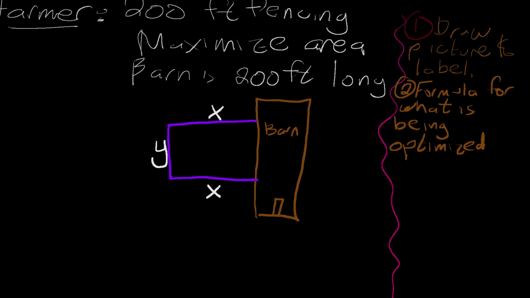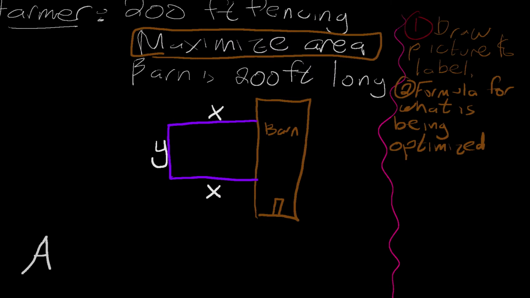Okay, so since we want to maximize the area, that's what we're trying to optimize. So we want to find a formula for the area of this container. So that shouldn't be too difficult to come up with. Well, it's just length times width, so x times y. Okay. So let me label this is step 1, this is step 2.